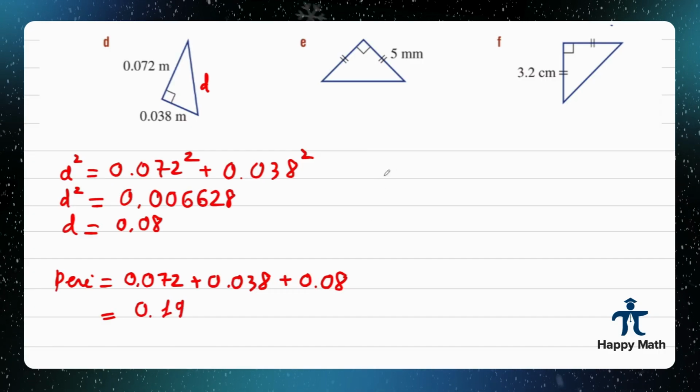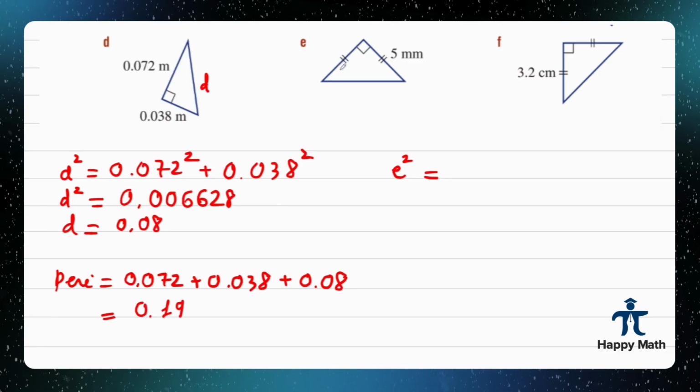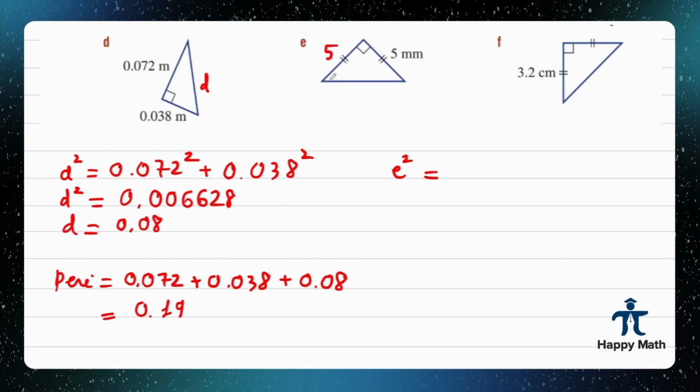That is question D. About question E, this number will be 5, and this symbol tells you that these two sides are equal. Remember the equivalent symbol.